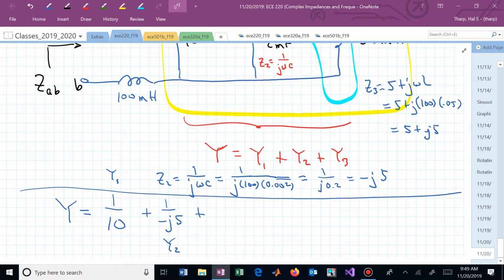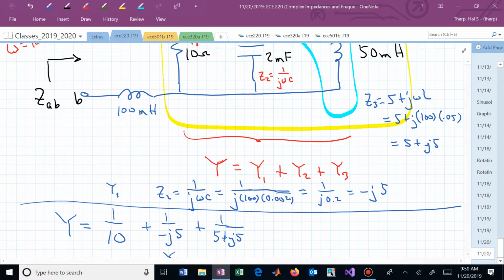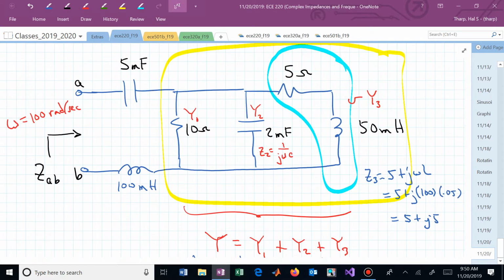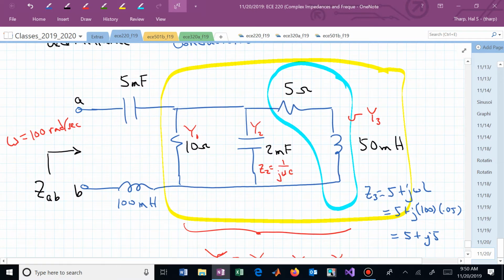We reciprocate that, and that's Y sub 3. And there's our total admittance of those last 3 parallel branches on the right. We would then say, oh, we need to reciprocate that, and that will give us the impedance of the yellow box. And now we just add those 3 impedances, and that will be Z sub AB.